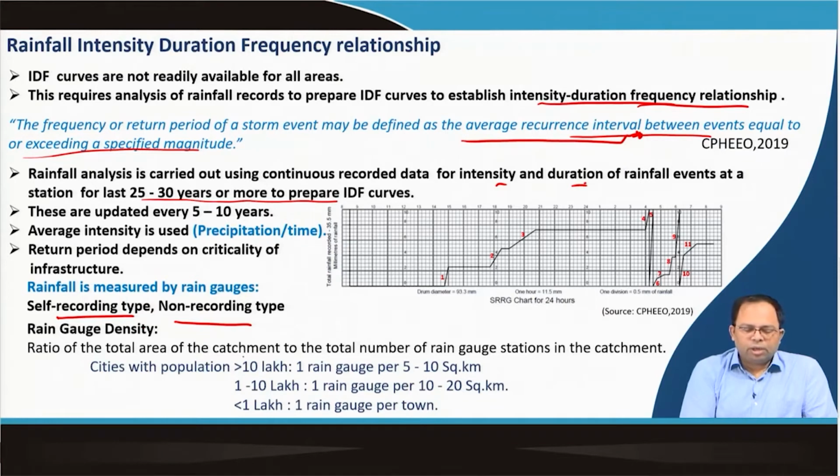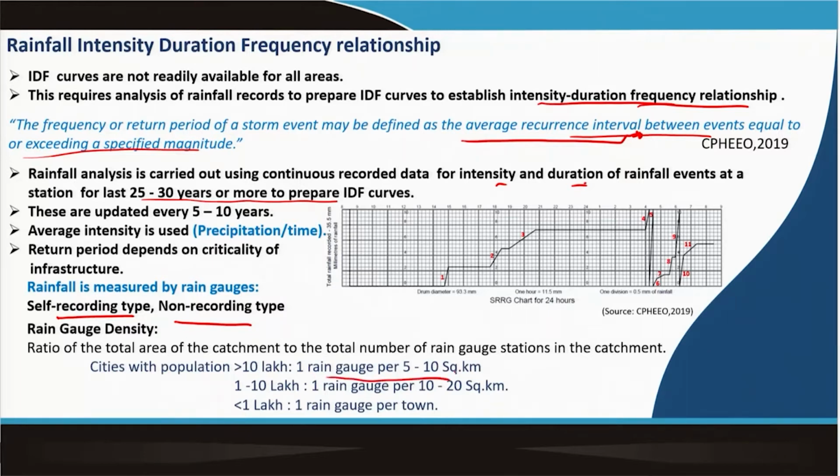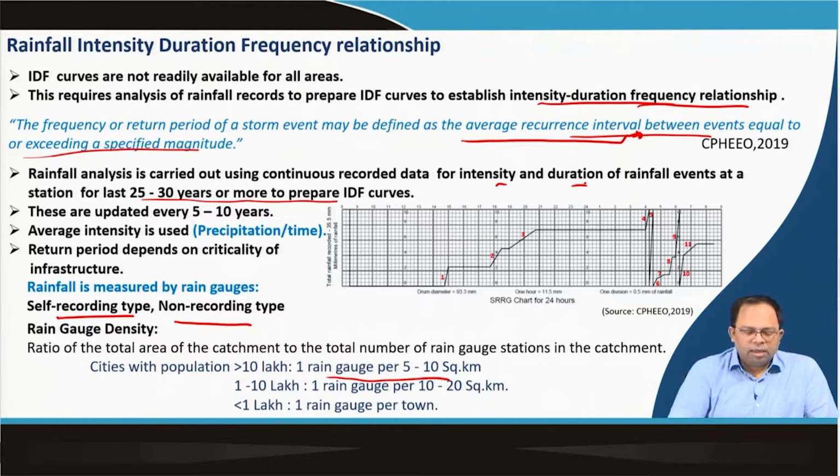The ratio of the total area of the catchment to the total number of rain gauge stations in the catchment gives us the rain gauge density. For cities with population greater than 10 lakh, the rule is one rain gauge per 5 to 10 square kilometers. For 1 to 10 lakh, it is one rain gauge per 10 to 20 square kilometers, and for less than 1 lakh, one rain gauge per town.